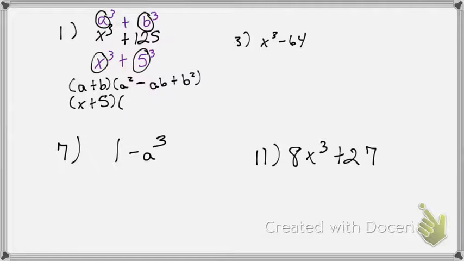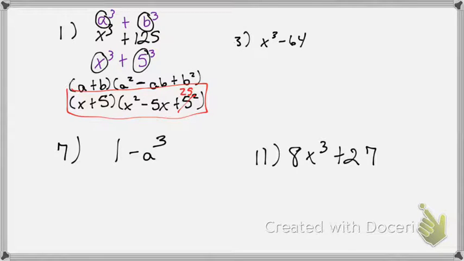Our second parentheses, we'd have x squared minus 5x plus 5 squared. But we know what 5 squared is, so we simplify that to 25. So the answer would be x plus 5 times x squared minus 5x plus 25.